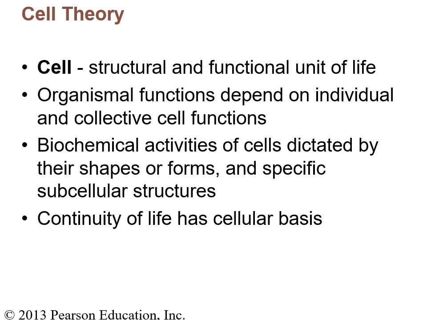Biochemical activities of cells are dictated by their shapes or forms and specific subcellular structures, which we usually refer to as their organelles. And in order for life to continue, cells have to perform their roles and divide and carry on life as it exists.